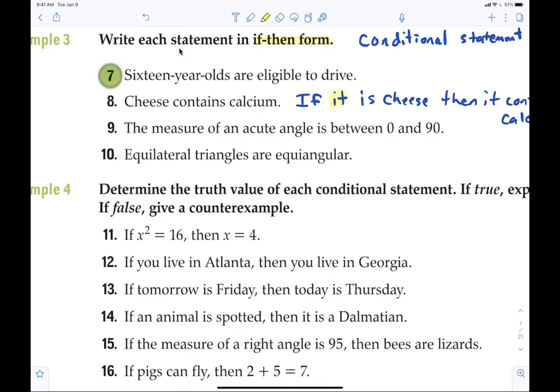Yes, there you go. Simple as that. Again, we're referring to the triangles. If triangles are equilateral, then they are equiangular.